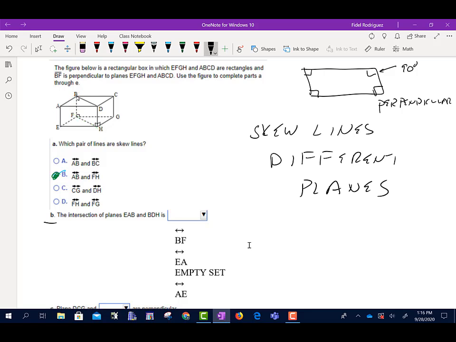Part B says the intersection of planes EAB. Okay, so let's see if we can find the plane EAB. EAB is going to be sort of that left side right there. And the plane BDH. Okay, so let me get my pen going again.